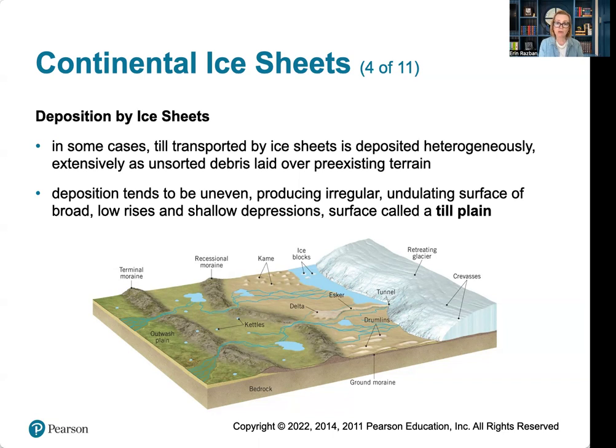These plains result from the uneven deposition of unsorted glacial till, a mixture of clay, sand, gravel, and boulders. Much of the agricultural heartland of the American Midwest sits on till plains left by the retreating Laurentide ice sheet.